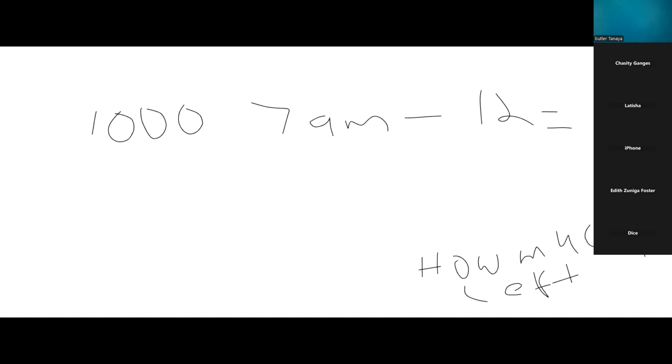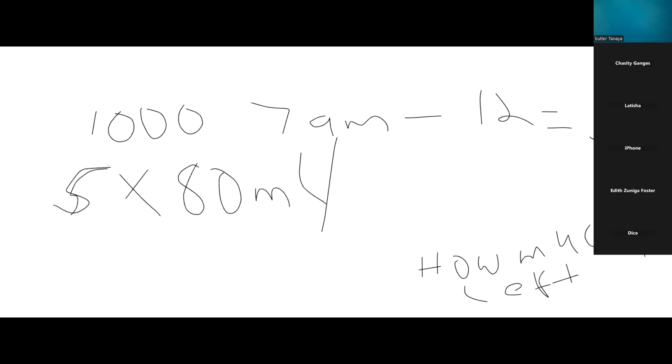Okay. And then it was running at 80 an hour. So 5 times 80 mLs per hour equals 400 mLs. You started with 1,000, 400 went out.